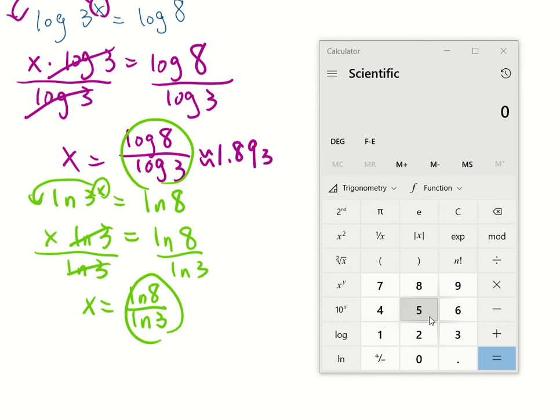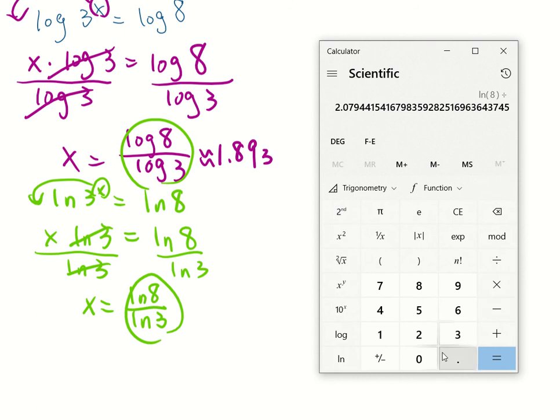Again, to round the answer using a calculator, you can do ln of 8 divided by ln of 3 equals, you can see it's exactly the same answer, 1.893, if you round to the nearest thousandth.